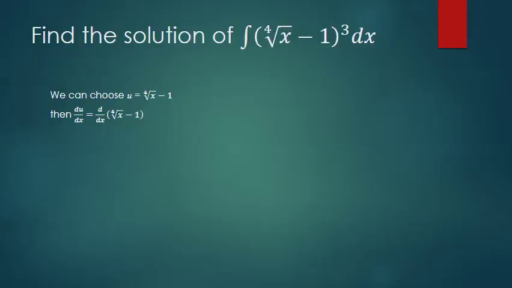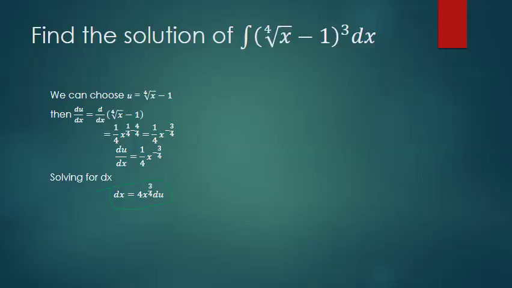The derivative of the fourth root of x is equal to 1/4 x to the 1/4 minus 1, where 1 can be written as 4 over 4. So the derivative will be equal to 1/4 x to the negative 3/4. From this equation we can solve for dx, and dx will be 4 times x to the 3/4 du.